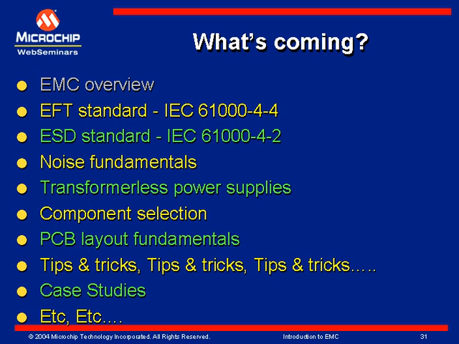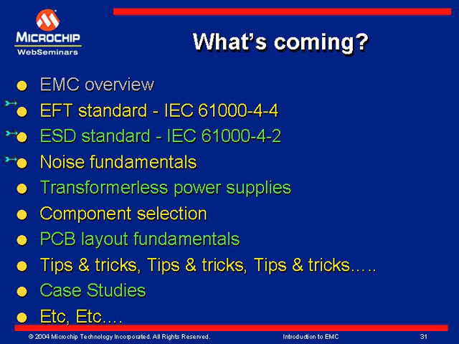So now if we look further into the future, what's coming? What are we going to see in these EMC seminars? We'll have a more detailed look at EFT and particularly one of the IEC standards, 61000-4-4. In the same way we'll look at what ESD is, and at one of the IEC standards, 61000-4-2.